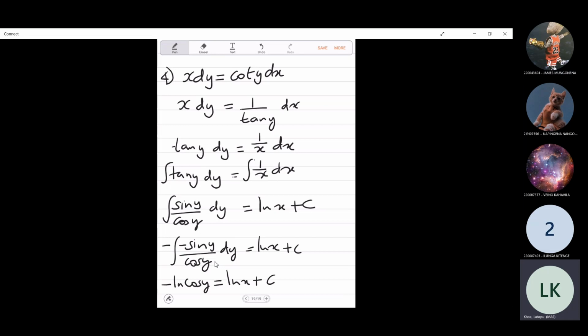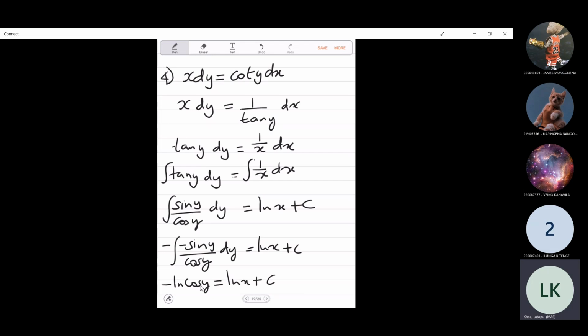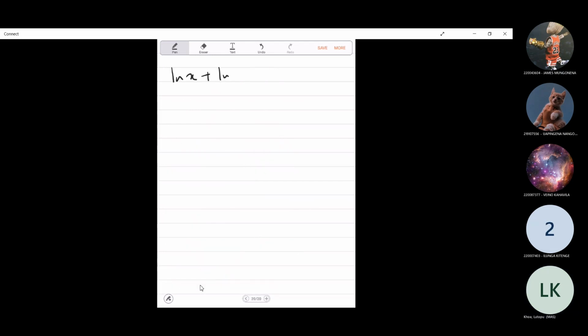Okay, so you'll notice in your book they try and rewrite it, but this is the general answer. You can rewrite this one as ln of x plus ln of cos y is equal to c.